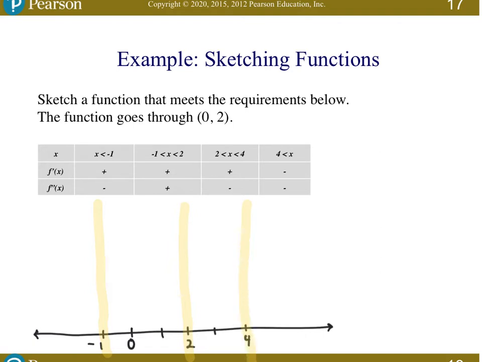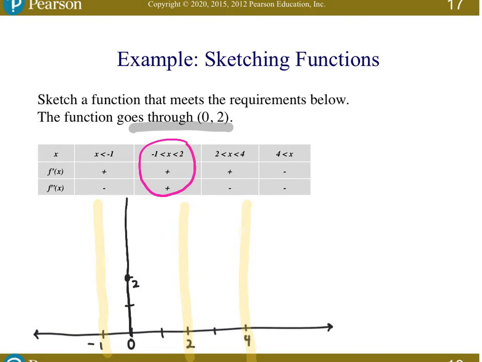All right. I also this time have the point (0, 2) on the y-axis. So I want to add the y-axis this time, and I need to go through that point. Whatever I do, I need to go through that particular point. So I'm going to start with the region between -1 and 2.